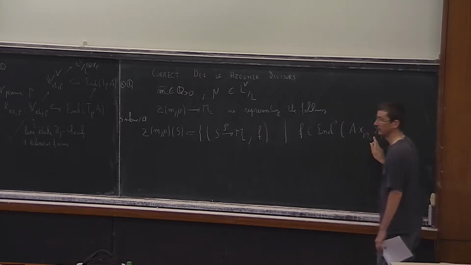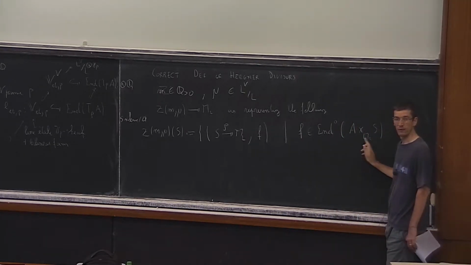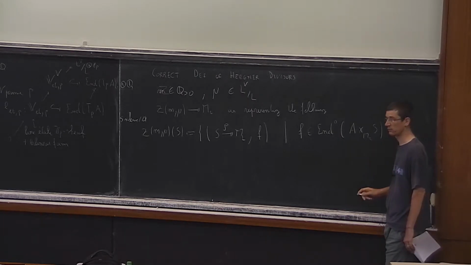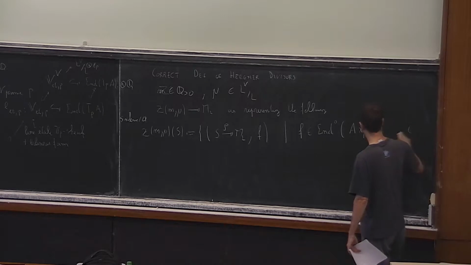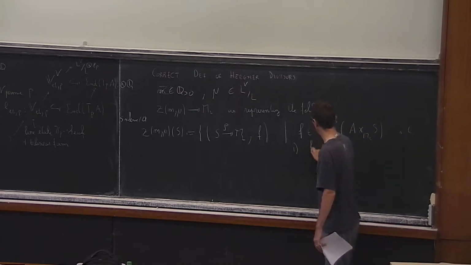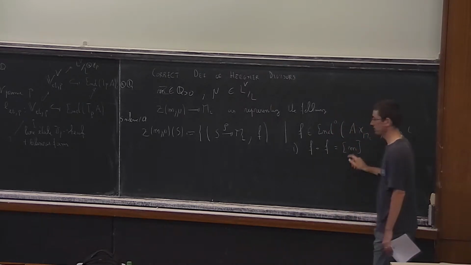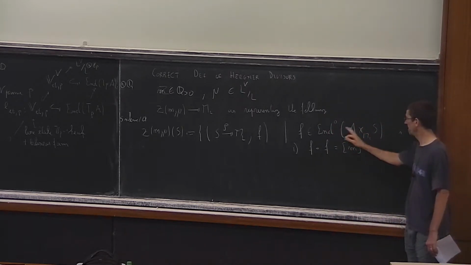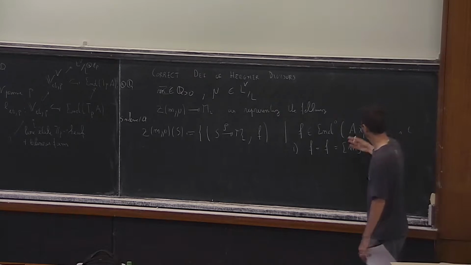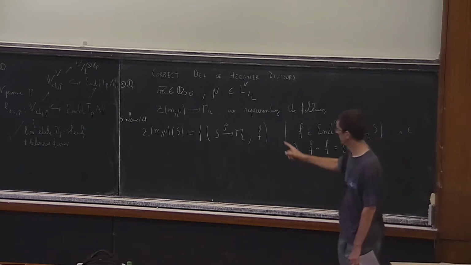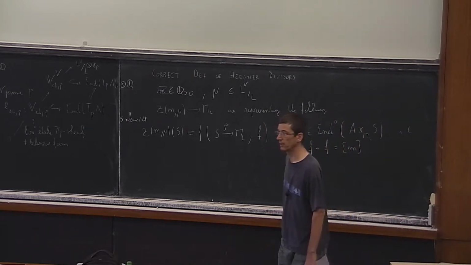So I pull back the Kuga-Satake from M_L to S. I get an abelian scheme over S. I can consider its endomorphism algebra. And I demand two things. The first condition should be very familiar to what we discussed already yesterday. So f composed with f is just the isogeny of A given by multiplication by my rational number m.